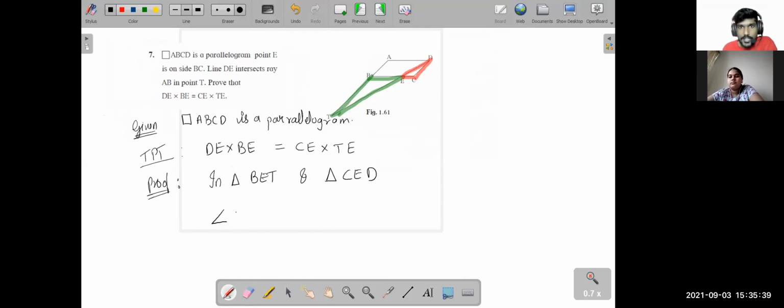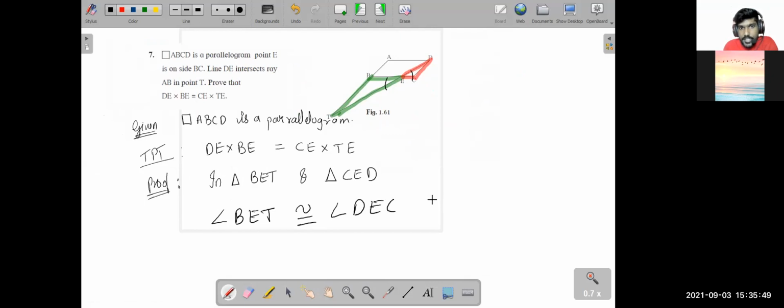Yes. So angle BET will be congruent to angle DEC. The reason you can give here is vertically opposite angles, and vertically opposite angles we know are congruent to each other.